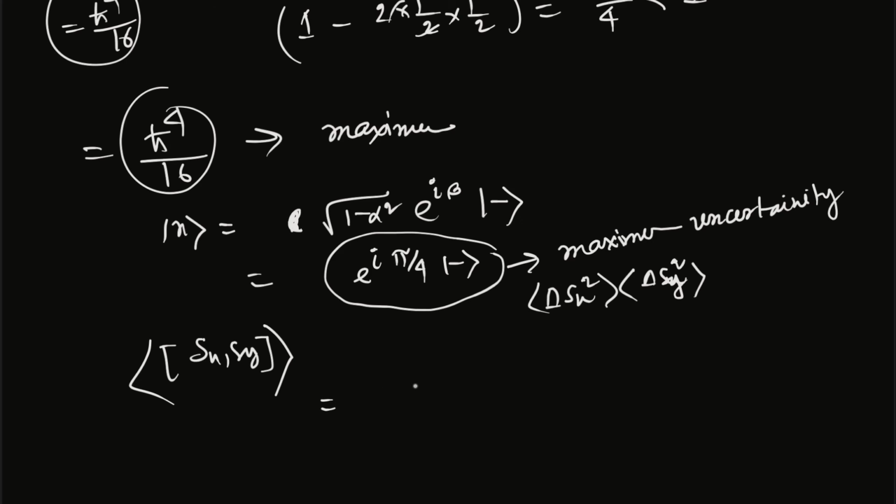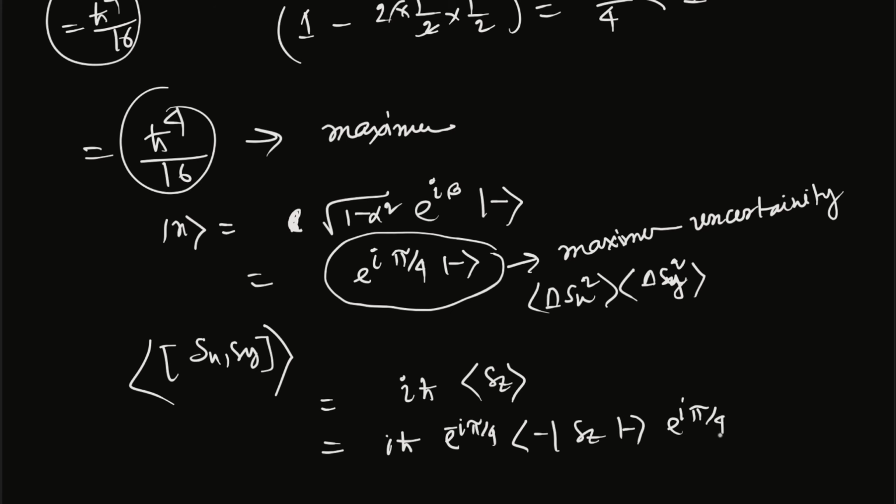In this state it will be I h cut squared by 2 sz, and it is minus I h cut squared by 2 e to the power I pi by 4 minus I pi by 4 minus sz, minus here it will give I pi by 4.